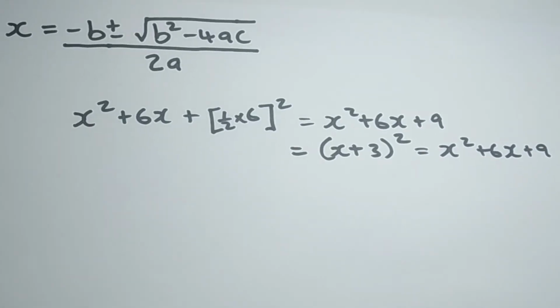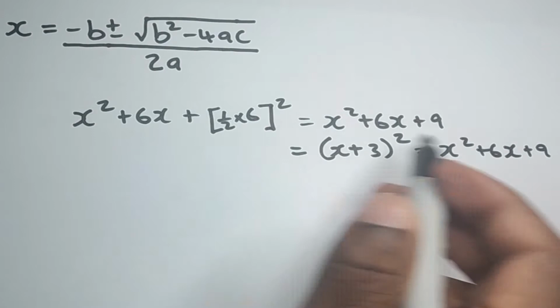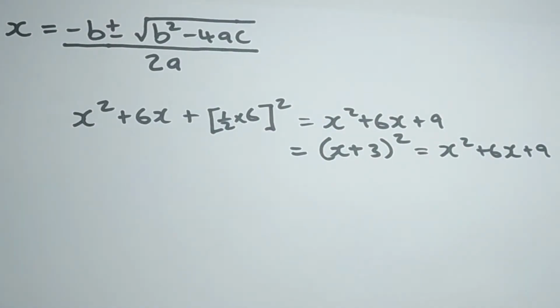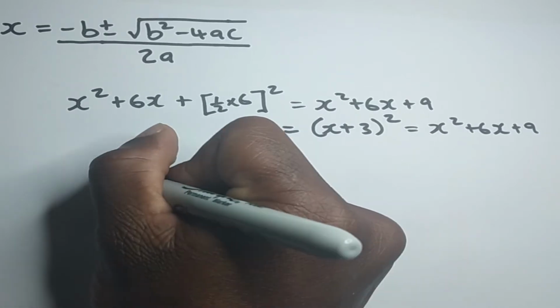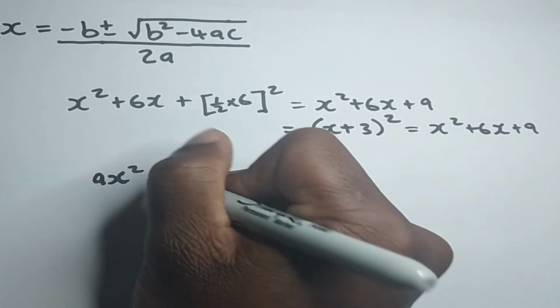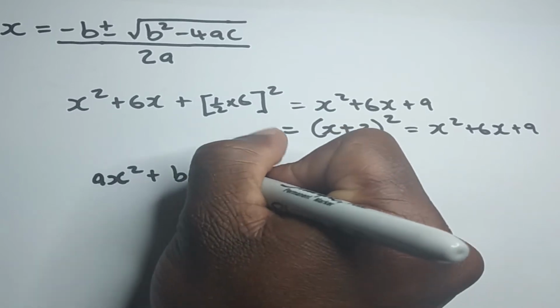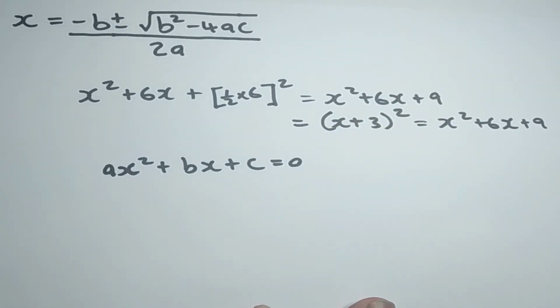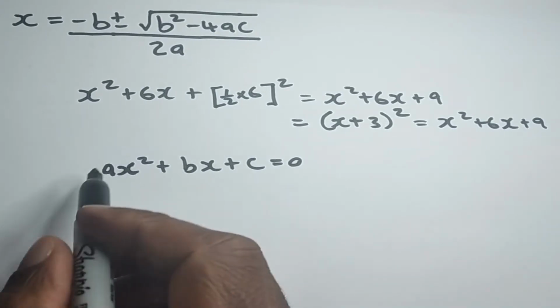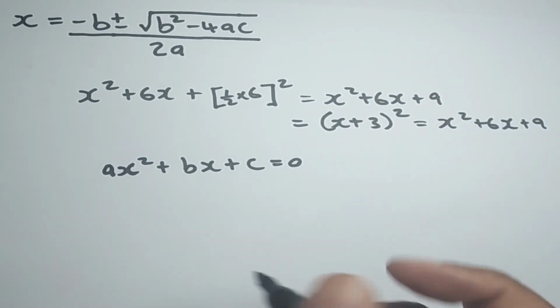So let's look more at what we want to get at. I'm going to integrate this concept. I did that so you can follow me when I do this. So let's start off with a quadratic equation. Let's say we have ax squared plus bx plus c is equal to 0. The first thing we want to do is divide this entire equation by a.